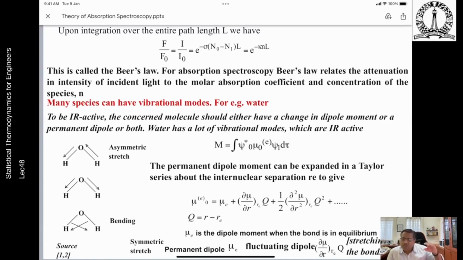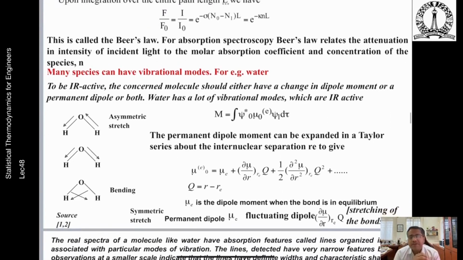Water, for example, has a lot of vibrational bands, which are IR active. That means the transition dipole moment for water is there. The permanent dipole moment of water can be expanded in a Taylor series expansion about the internuclear separation distance. And that is exactly what you see over here, where Q is basically R minus R_e, the change from the equilibrium distance between the two nuclei.